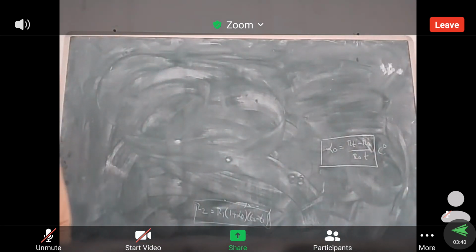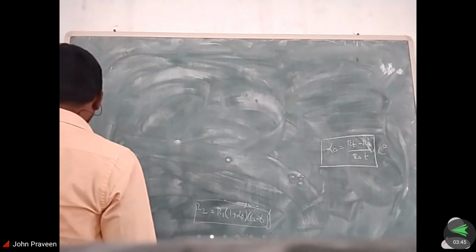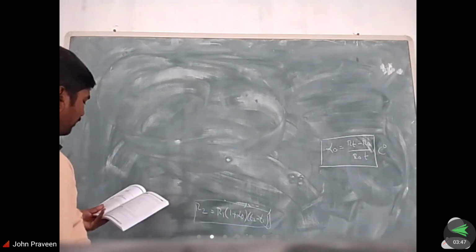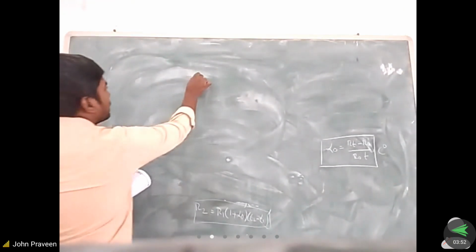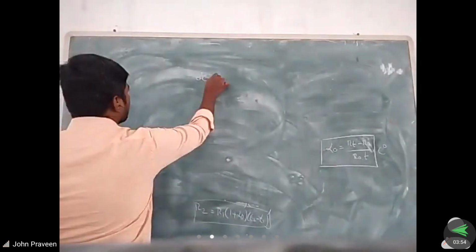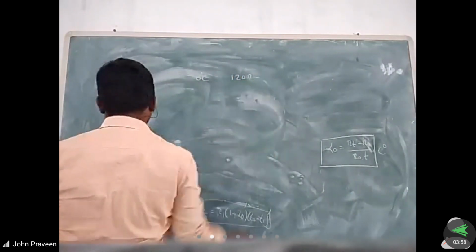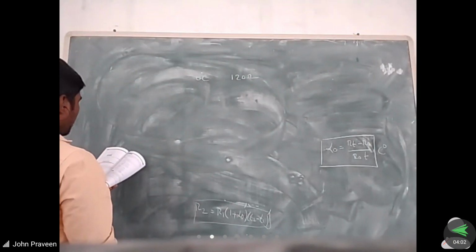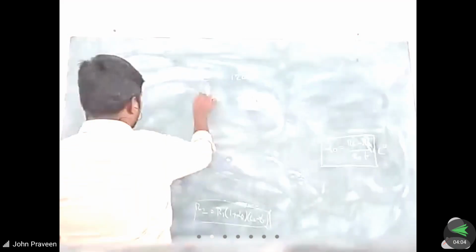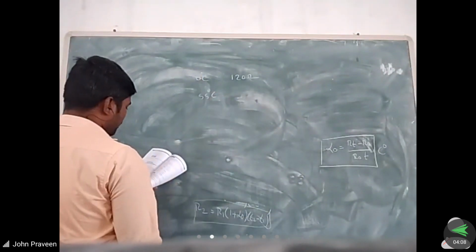Right. So I want to find out one problem. The resistance of a field winding of a DC machine at 0 degree centigrade is 120 ohms. What will be the resistance at working temperature of 55 degree centigrade?